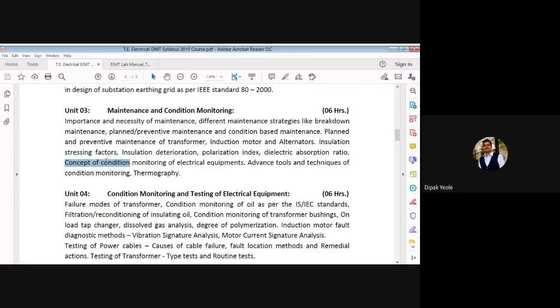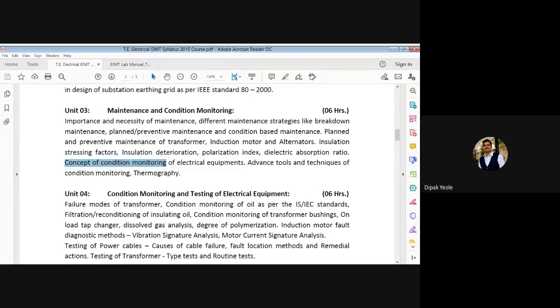So the introduction of this experiment is that we are interested in condition monitoring, and we know that there are 4 standard procedures available. Of those 4 standard procedures, one method is thermography analysis.